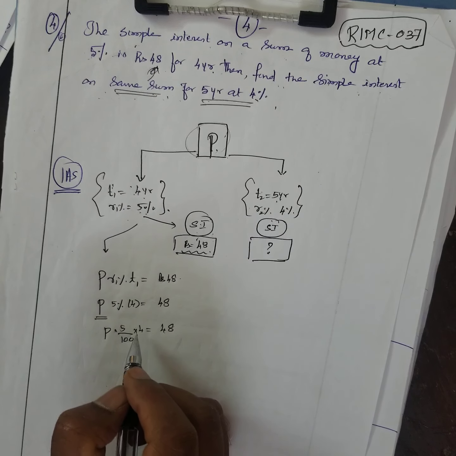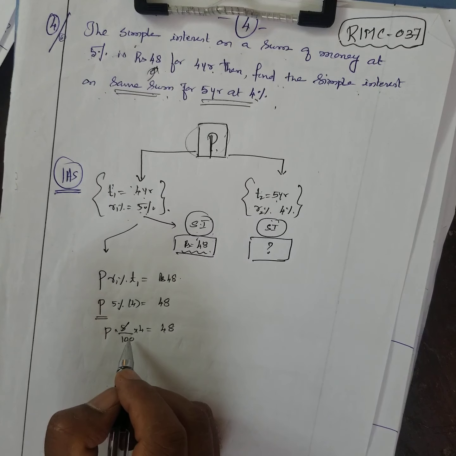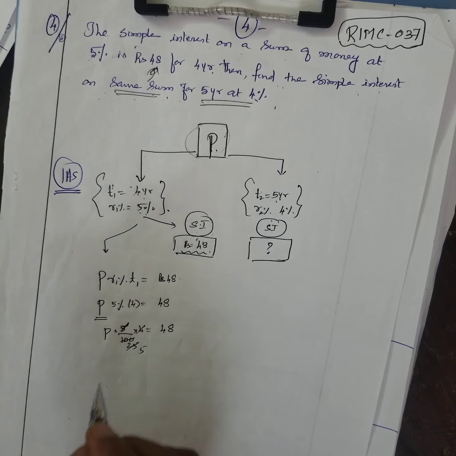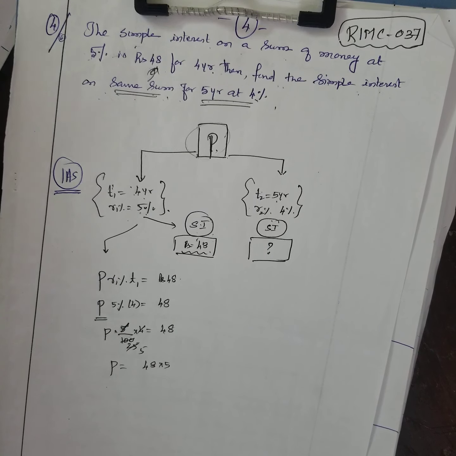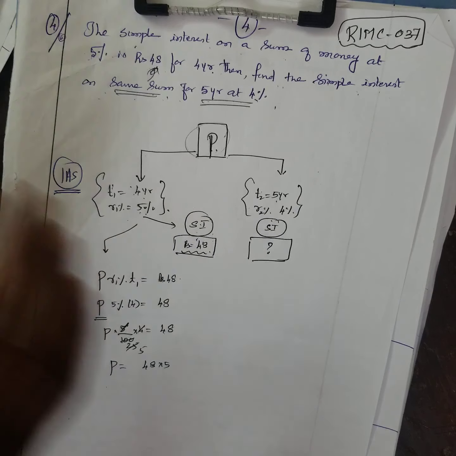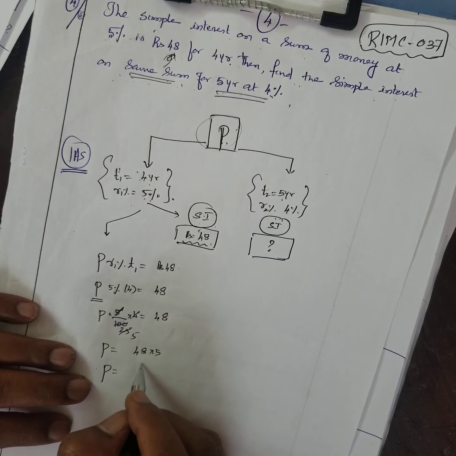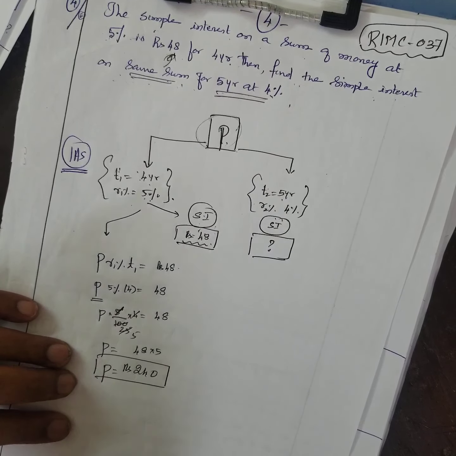How many times does it go? 25 times. This is 5 times. The principal is equal to 48 into 5. Therefore, the principal amount is around 240. You got the principal is 240.